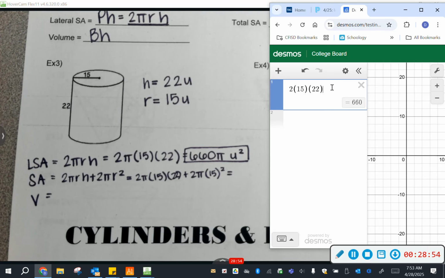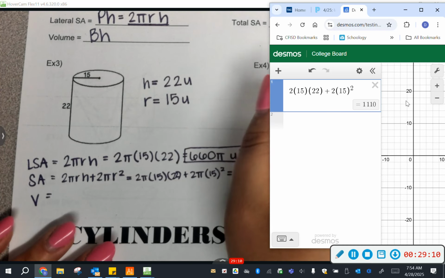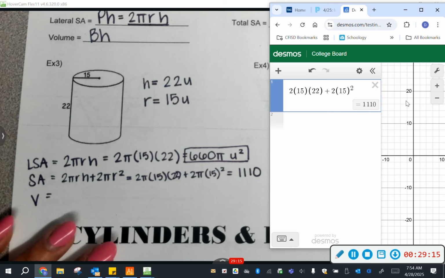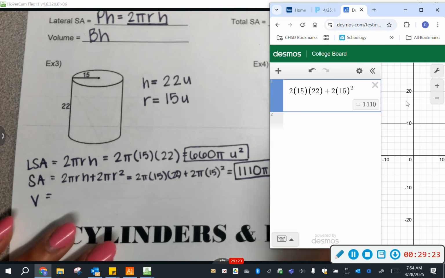So this is 2, don't put the pi, 15, 22, plus 2, don't put the pi, 15 squared. 1,110 is not my answer. What is my answer? Pi. 1,110 pi.